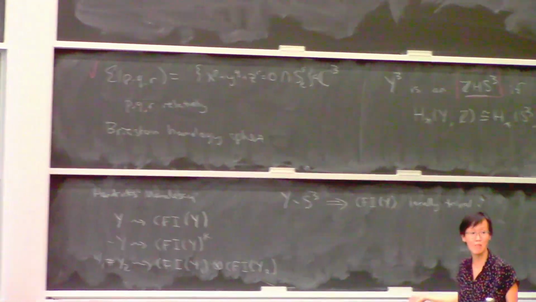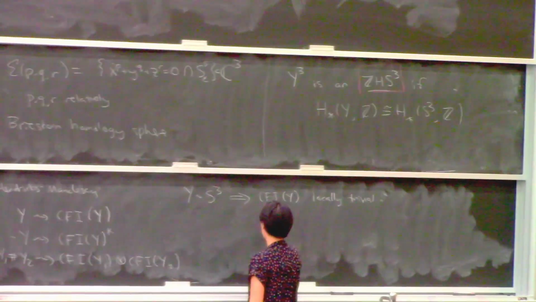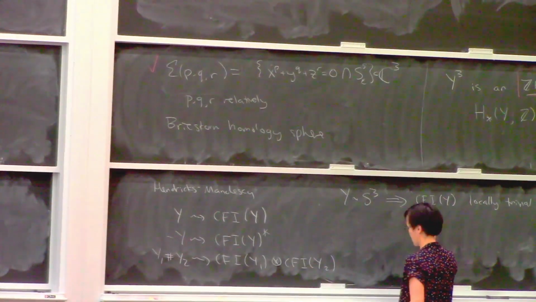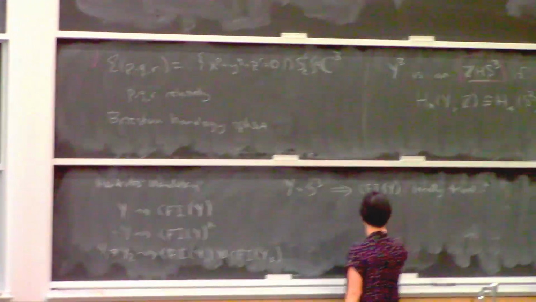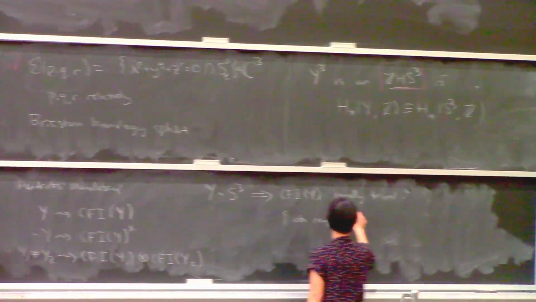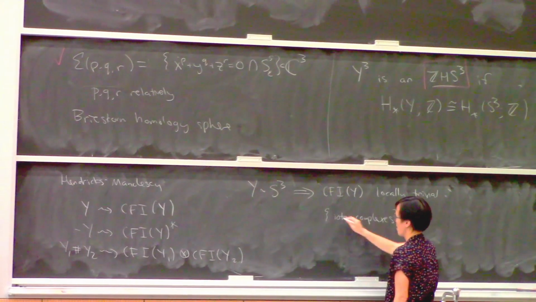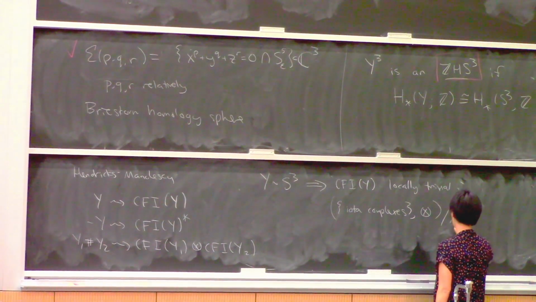So we play the same game we've been playing all day. We look at these algebraic gadgets, which are called iota complexes. We look at these under tensor product. We quotient out by some equivalence relation.